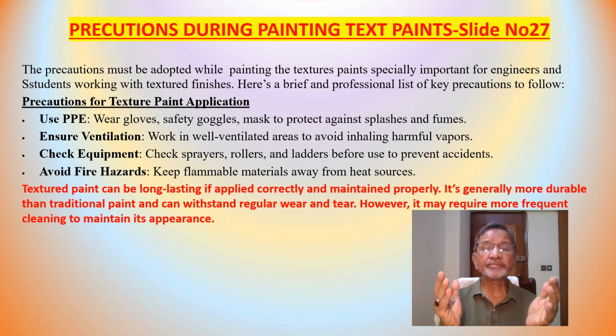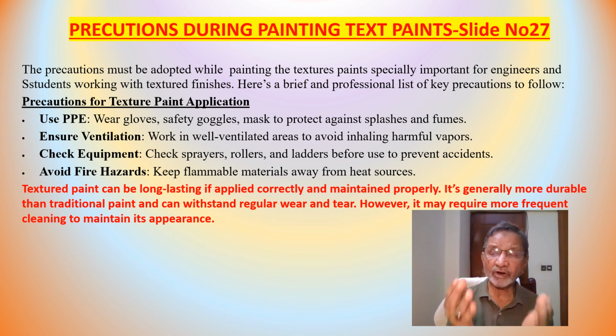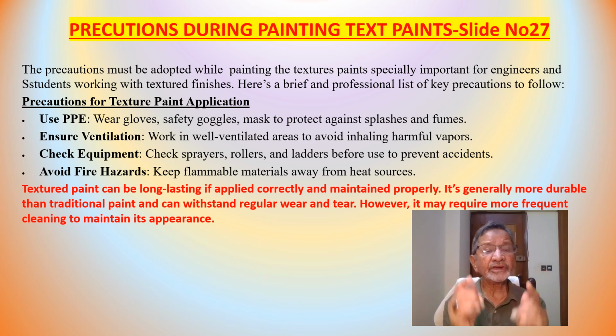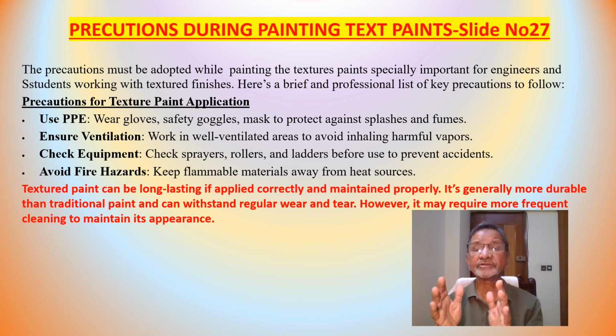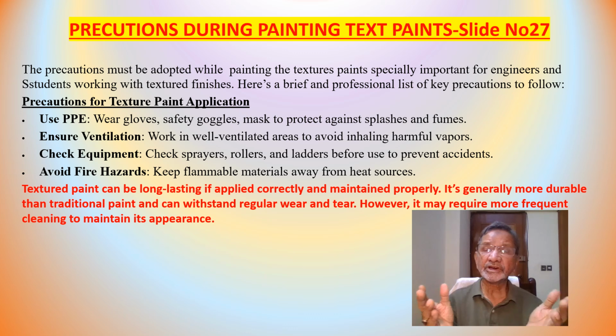Here is a brief professional list of precautions to be followed. Number one, use your PPE and wear gloves, safety goggles, and a mask. Protect your eyes, hands and clothes from the splashes and fumes coming out from the paint during the painting of texture paint.